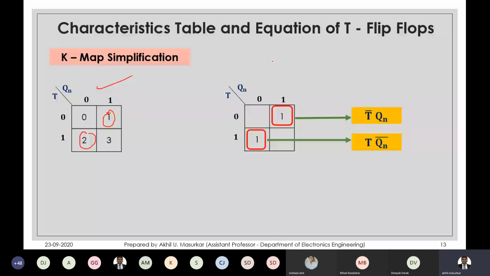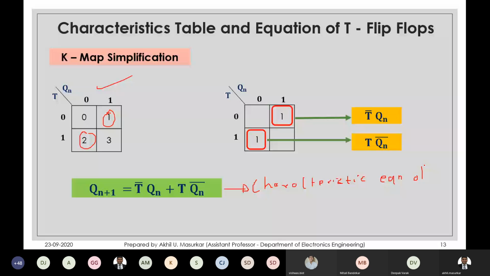So this is the characteristic equation of the T flip flop, which is also P XOR QN, as Shubham has rightly observed it. Good. Okay, Asmita also.